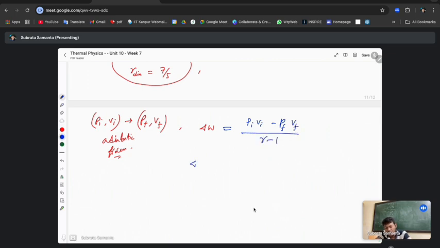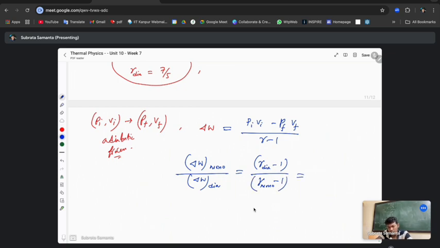So delta W for monatomic gas divided by delta W for diatomic gas. The Pi Vi and Pf Vf are the same, so the only change is gamma. So it is gamma diatomic minus 1 over gamma mono minus 1.